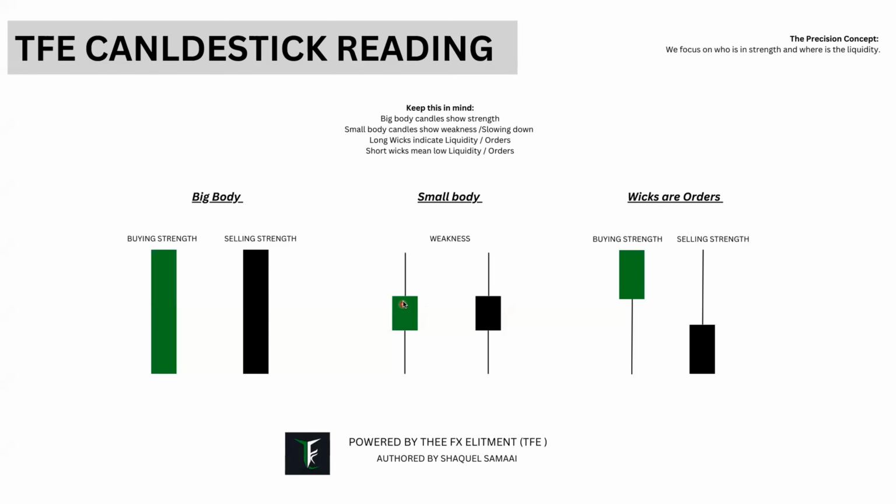We have lines, which are called wicks. Then every candle has a high and a low. Every candle has an open and a close. Write this down, guys.